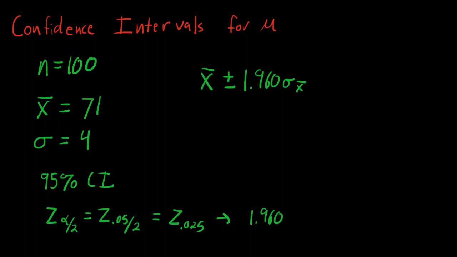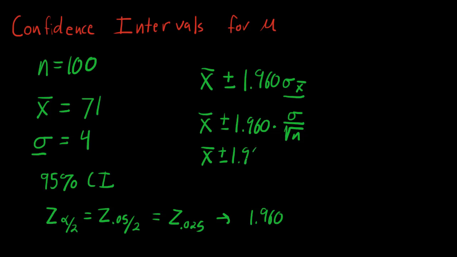And since we're only given sigma of the population and not sigma of the sample means, we're going to need to convert that. So that's going to turn into x bar plus or minus 1.960 times sigma of our population divided by the square root of n. So that equals x bar plus or minus 1.960 again times sigma, which is 4, divided by square root of n.